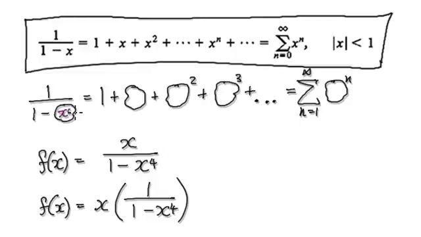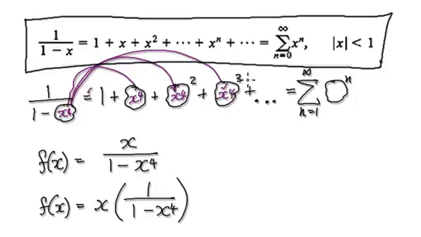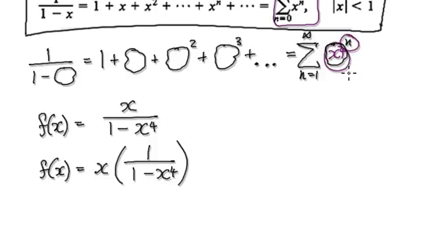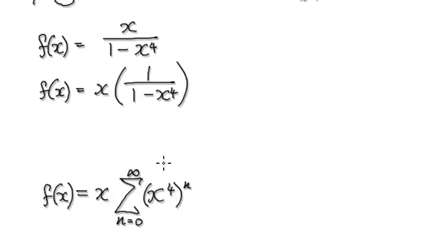So if you have x to the power 4, it would mean you would put x to the power 4 here, x to the power 4 here, and so on, all the way to infinity. So now you've got x to the power 4 to the power of n.